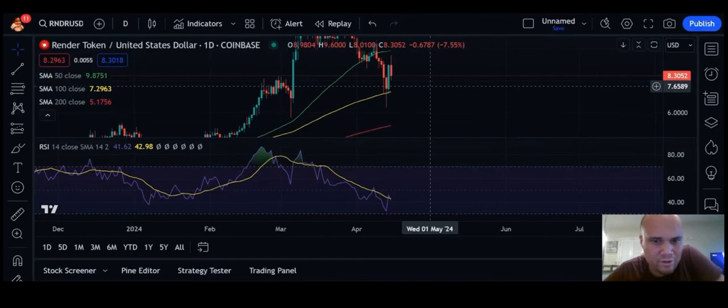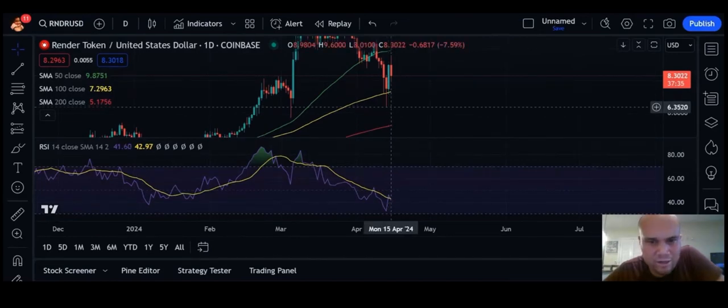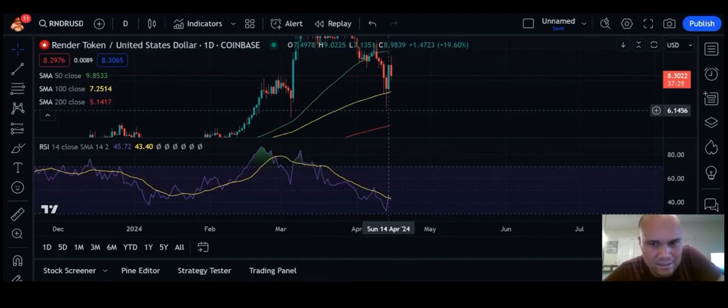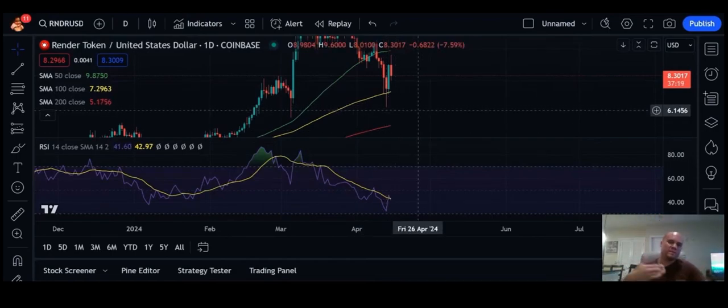But if you were to start building a position on Render near the $7.30 to $8.30 level, I would put a stop loss right where that low was back on Saturday, at $6.32. So I'll be buying Render anywhere between $7 and $8 here, with a stop loss at about $6.30.